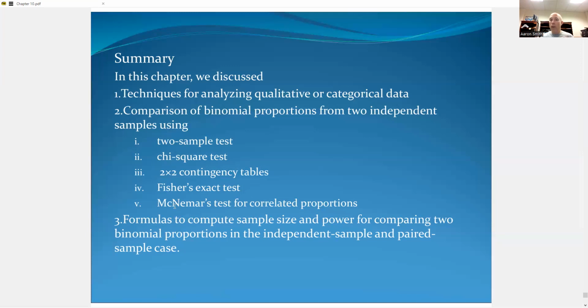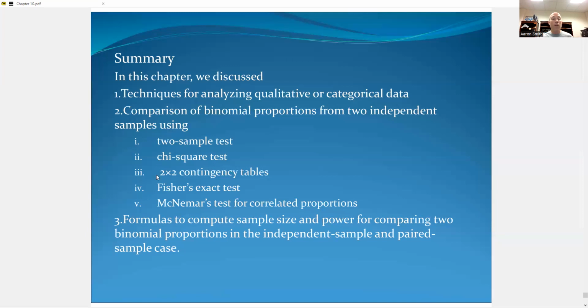Now, all of these handle similar problems in a slightly different manner. What the chi-square test does is it takes an expected value and compares the results that we have to the expected value to see if we have something interesting going on.